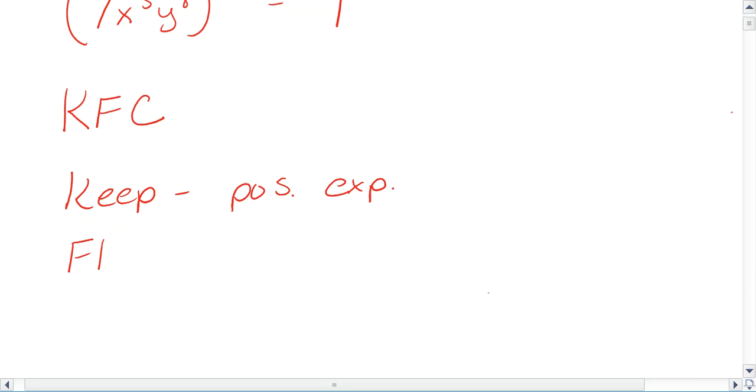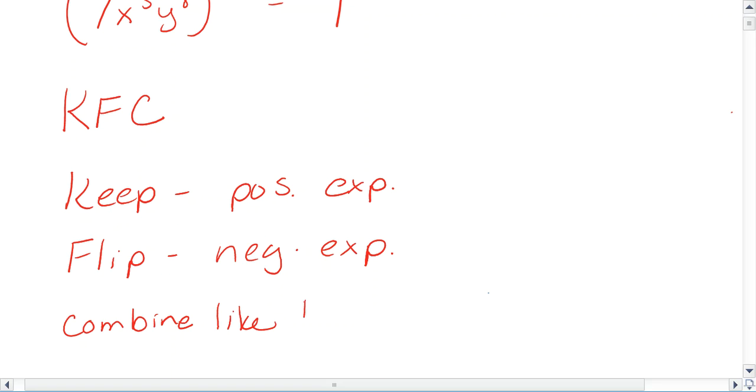The F stood for flip. Anything with a negative exponent, if it's in the denominator, it flips to the numerator and vice versa. And then the C, sometimes we said it stood for combine or change, because you often then can combine your like bases. So let's look at a quick example of this.